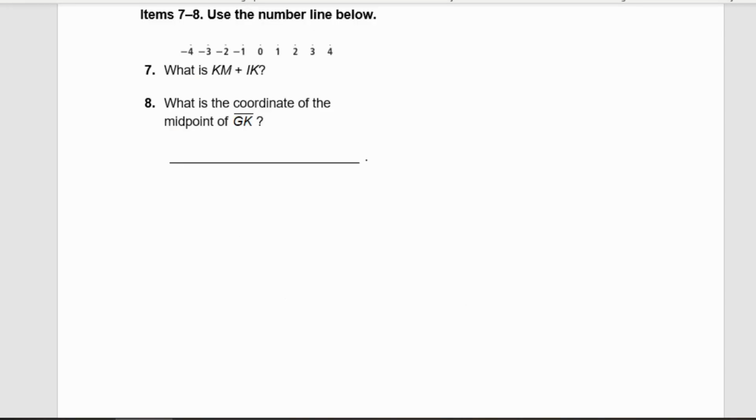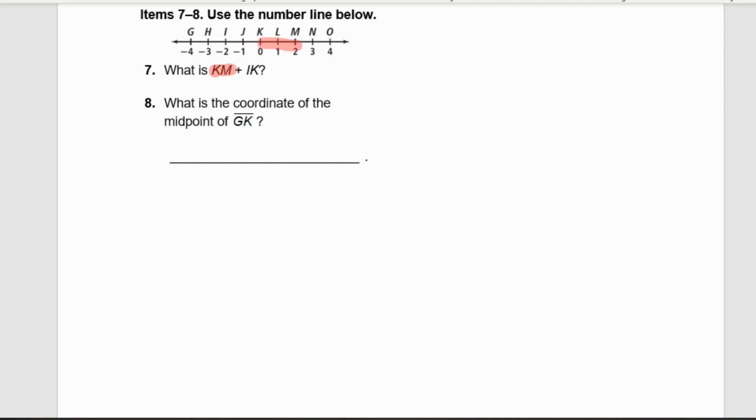So question 7 and 8, we're going to use that number line. Let me see. Oh, it just magically appeared, so that's good. I want to know what is Km plus Ik. So to do that, I'm going to highlight them just because it looks like they're not in the right order, but I'm going to see if they are, in fact, good candidates for our segment addition postulate.